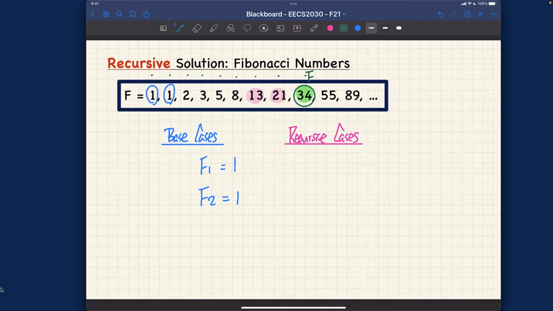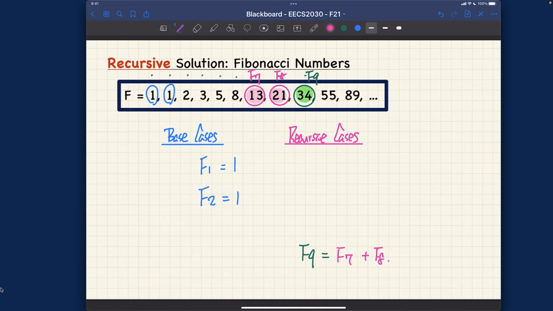So this will be F9, which is exactly the 2 previous numbers added together. So this will be F7 and also F8. F9 is simply equal to F7 plus F8.